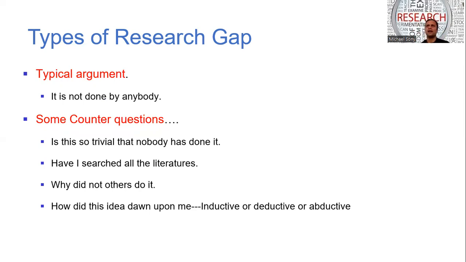Why do you think the others have not done this? And also, how did this idea come to me? This is important because whether this process is inductive, deductive, or abductive, we need to understand this so that the research gap could be well understood.